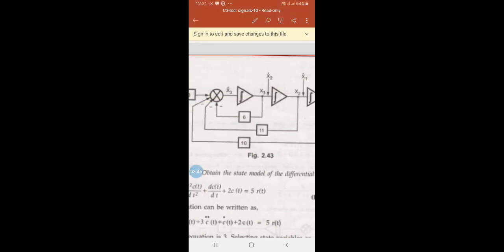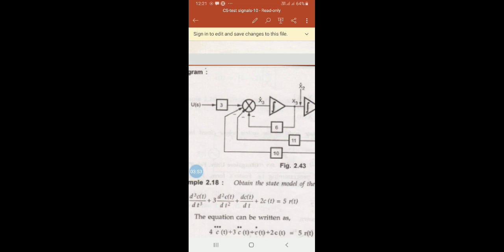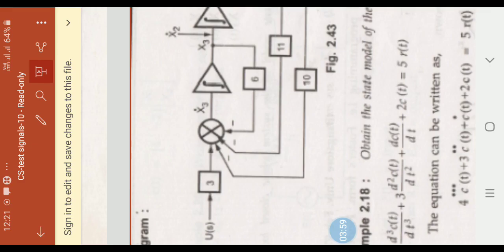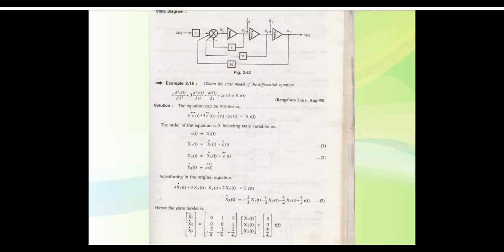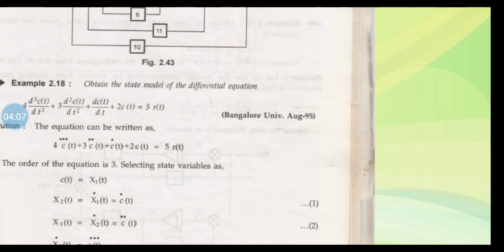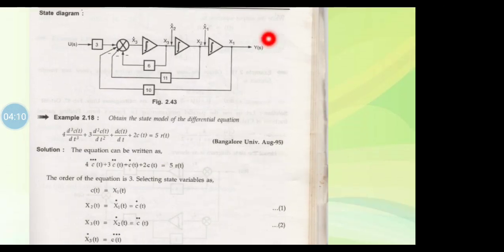Then all these 3 inputs are given to an adder and the input is 3u. Then this minus 10x1 minus 11x2 minus 6x3 is all combined and given, and we will get y of t. This is how to draw the diagram.